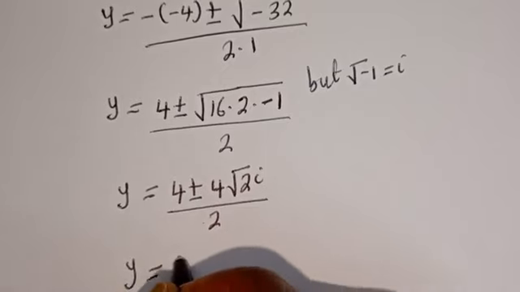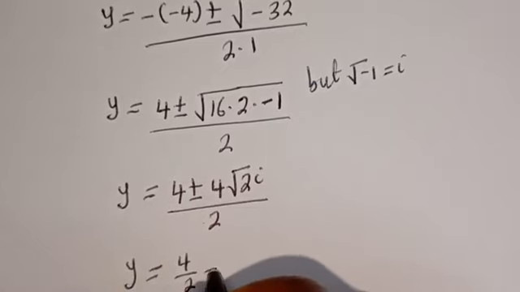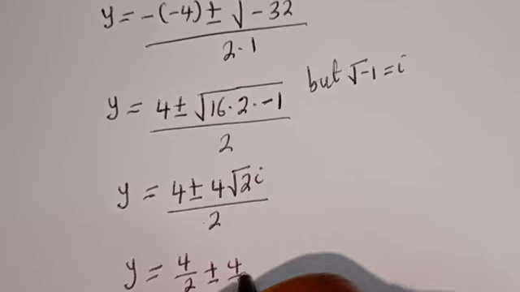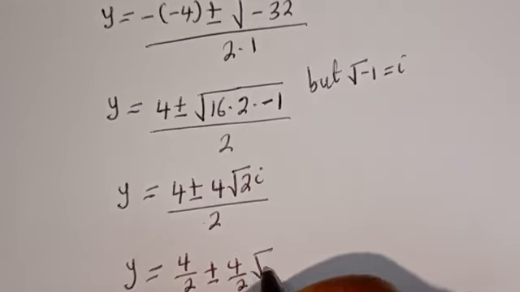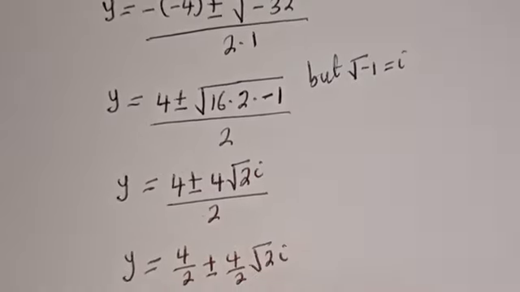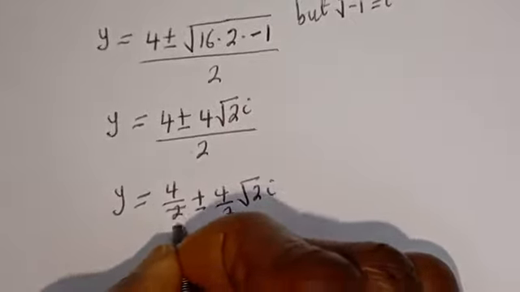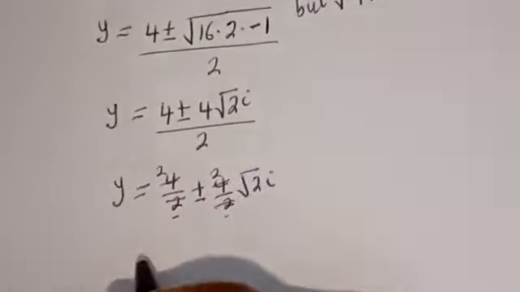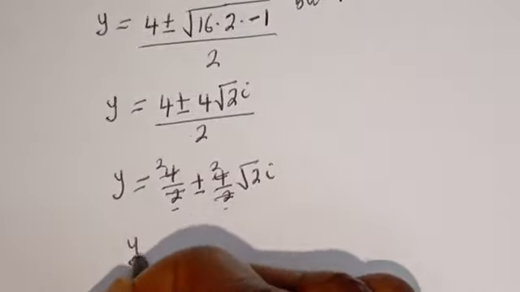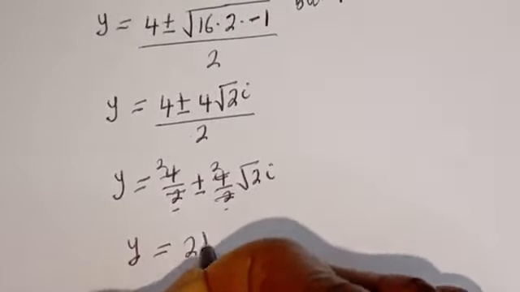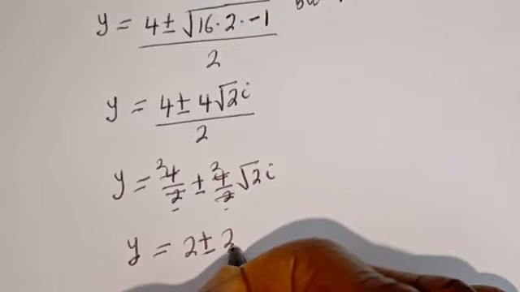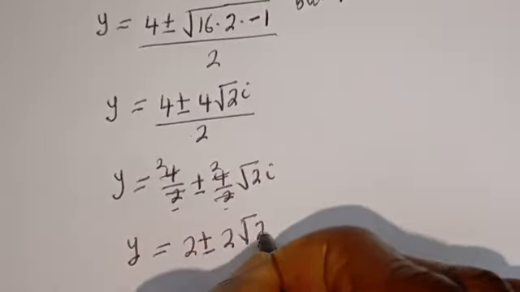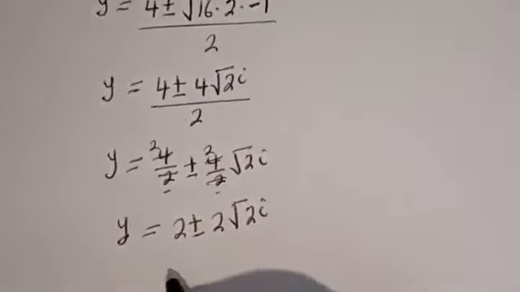y is equal to 4 divided by 2 plus or minus 4 divided by 2 root 2 i. 2 here 1, 2 here 2. y is equal to 2 plus or minus 2 root 2 i.